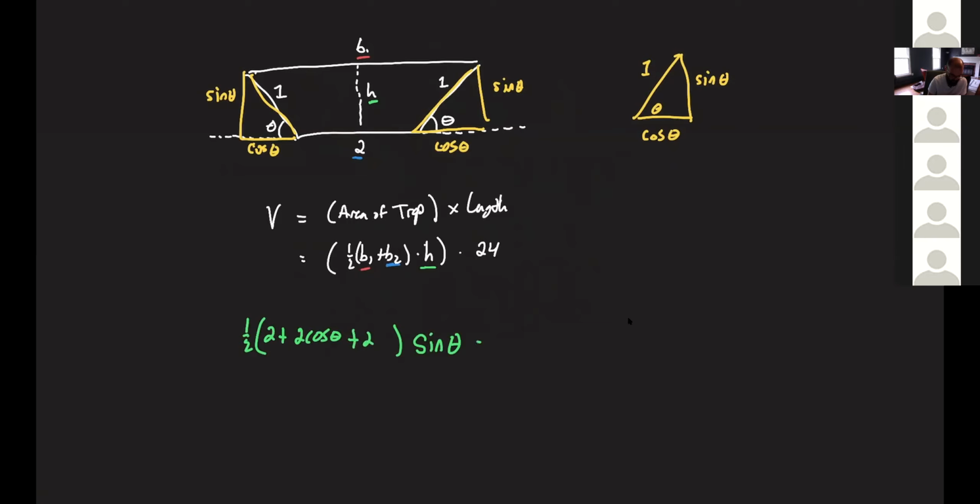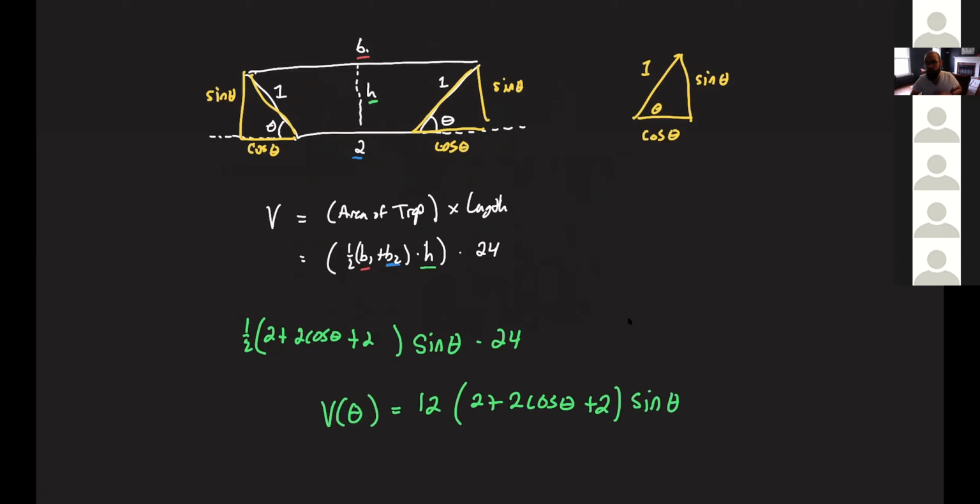Then we multiply all of this by our length, which is 24. And so what we end up with is a volume formula based on theta: 24 times 1/2 is 12, so you get 12 times (2 plus 2 cosine theta plus 2) times sine theta.